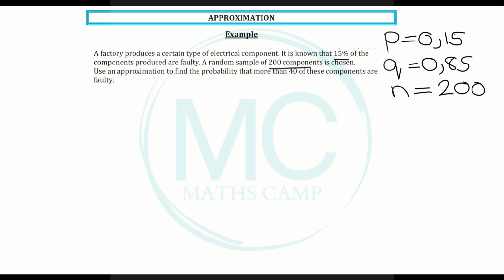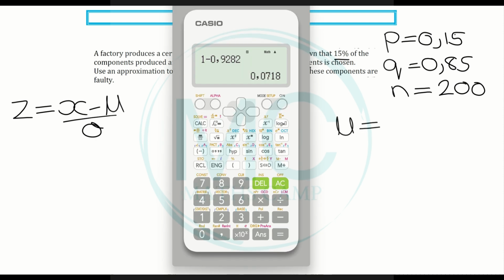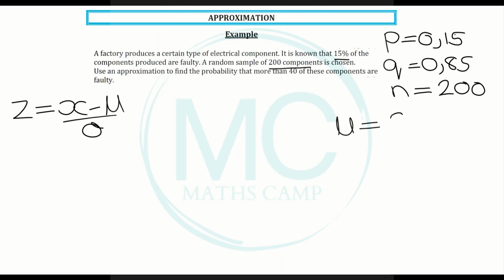We are working with normal distribution, so we need to use the formula Z is equal to X minus mu over sigma. To find mu, we multiply N and P. We can say mu is equal to, take my calculator, 200 multiplied by 0.15 is equal to 30. So my mean is 30.